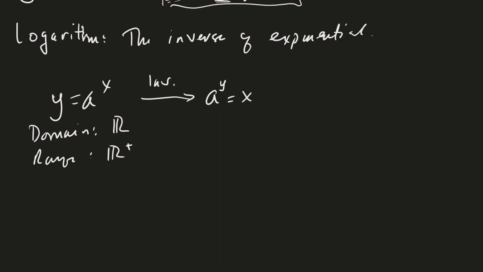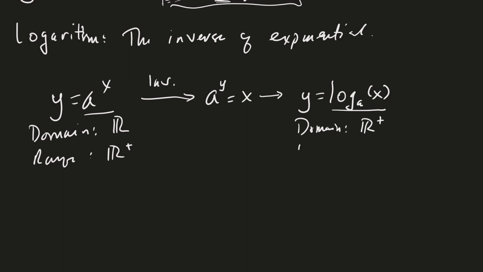And so if I were to solve that, by taking the log of both sides, we're going to talk about that in just a second, we get log base a of x. So this function is the inverse of this function, and so the domain would have to be the positive reals, and the range is all reals.